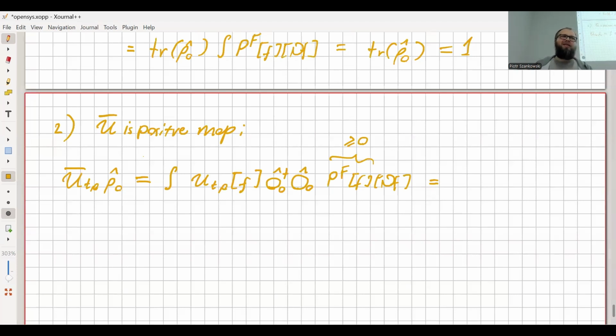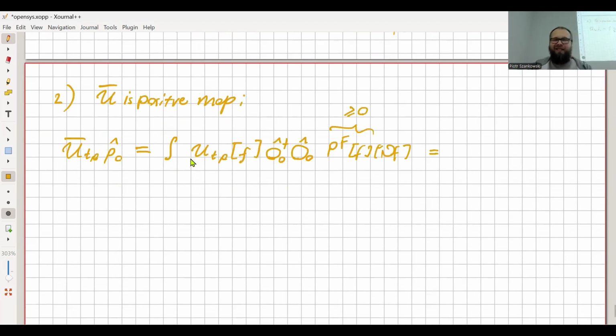Probability distributions are non-negative. So in particular, a square root of P[F] is well defined. We know from our previous calculations that if this is unitary, this form will be preserved. So we can write it like this, with a dagger.